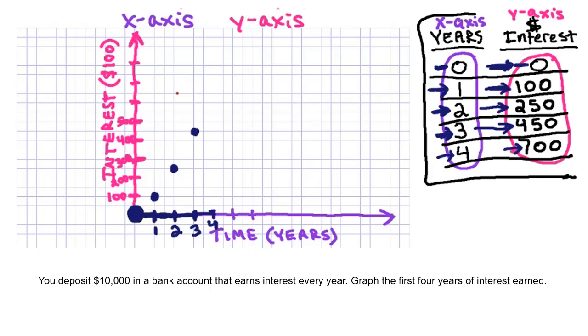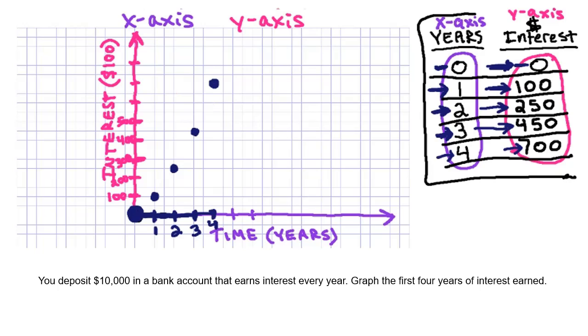And then we got $700 in interest for our y value that we need to graph. So we're going to stay on this line that has the 4 years on it, and we're going to go all the way up until we get to $700. So that would be 600, and this would be $700 right here.